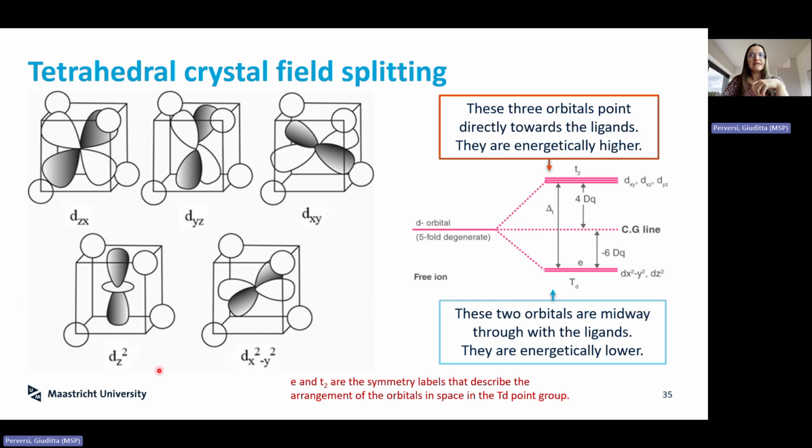The E set, so the dz square and the dx square minus y square, are the furthest away from the electrostatic interaction of the ligands, so they will drop in energy. So a tetrahedral field splitting will have 3 orbitals on top, 2 orbitals at the bottom. Once again, proportionality of 2/5 to 3/5 split, flipped around in comparison to the octahedron.